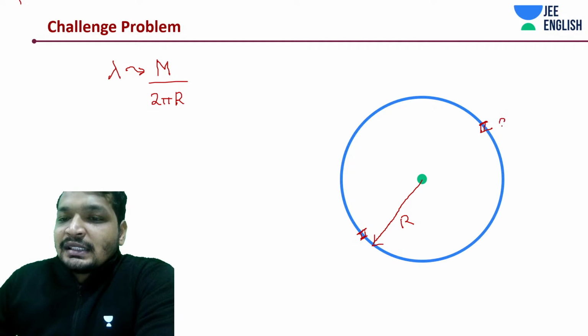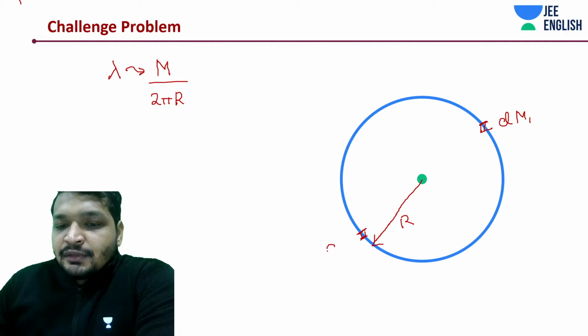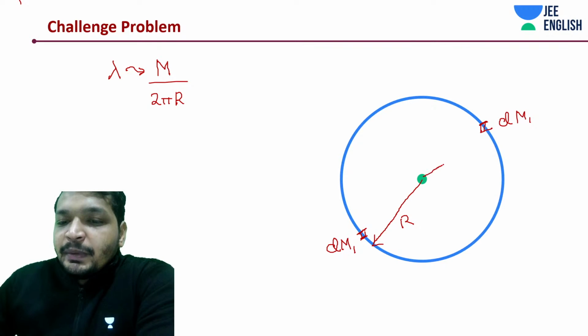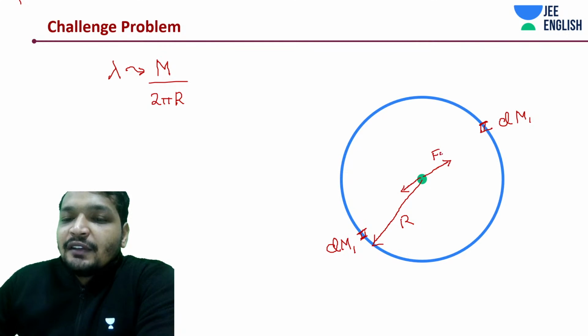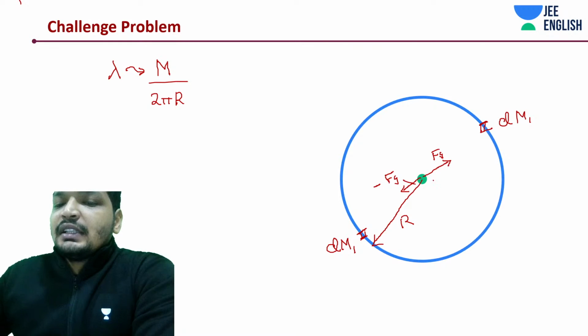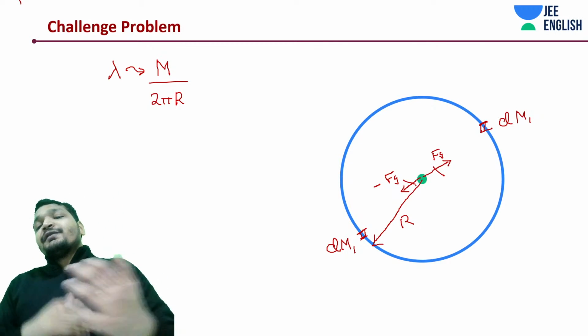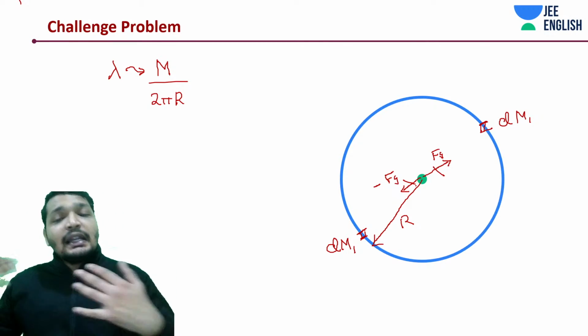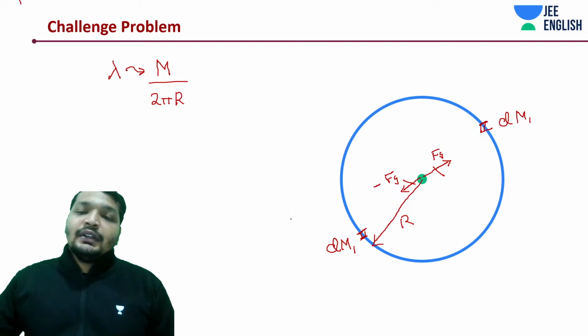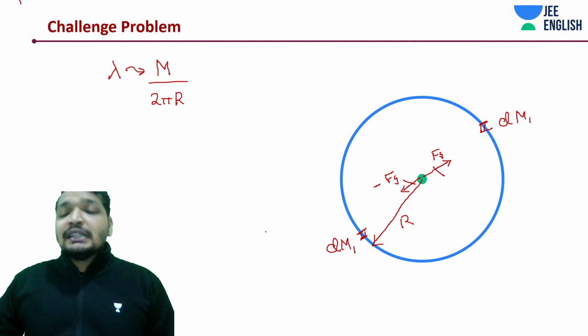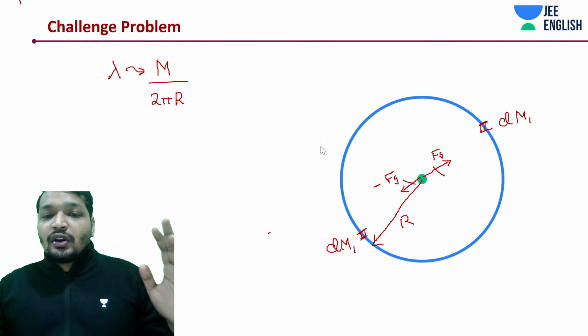So if this has a mass dm1, there would be another such dm1 which would be applying force in the opposite direction of equal magnitude. If this was Fg, this would also be Fg, but in the negative direction. This is cancelled. You would always find such symmetrical elements all around this ring.